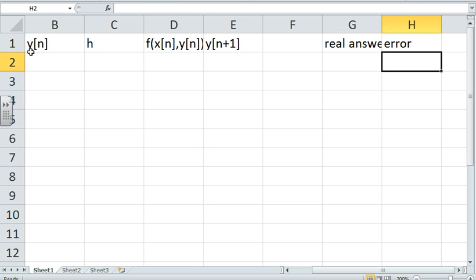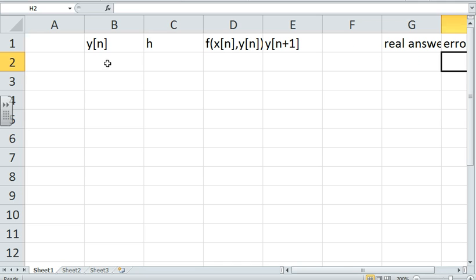So we're going to do the calculation, and then we're going to figure out what the real answer is. Okay, so y at 0 is a half, so we put in a 0.5 there. And we're going to do 0.25 as our h.